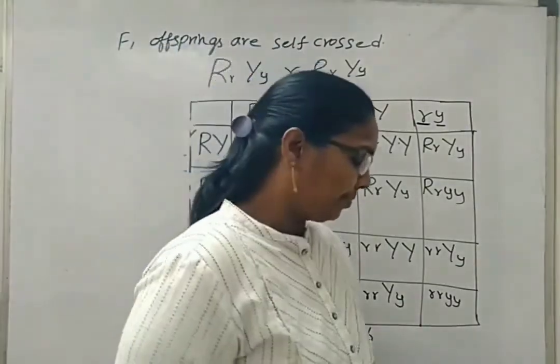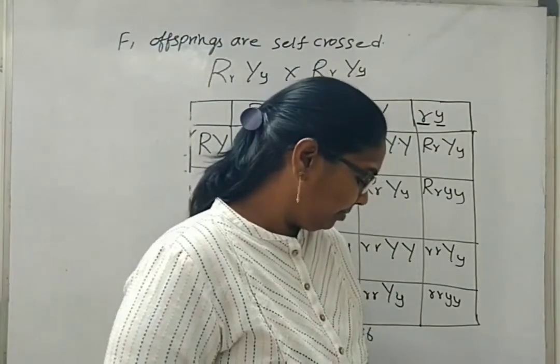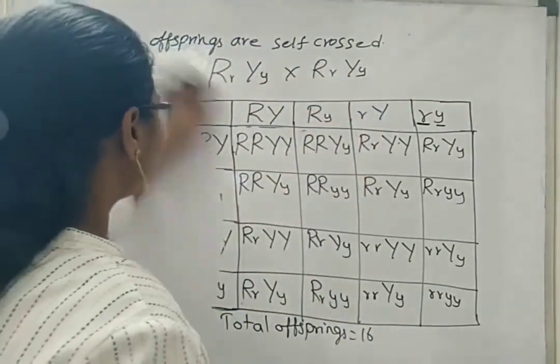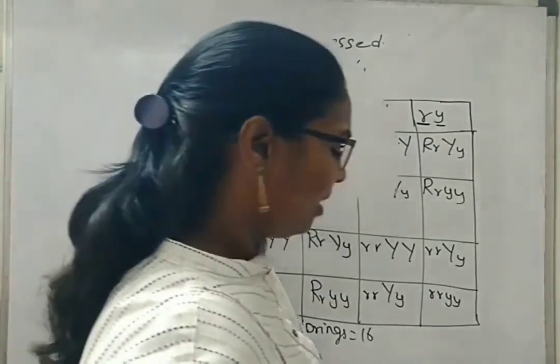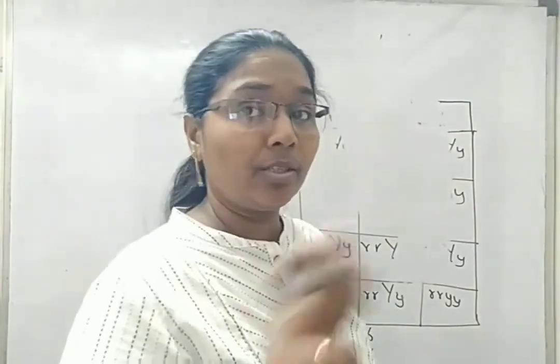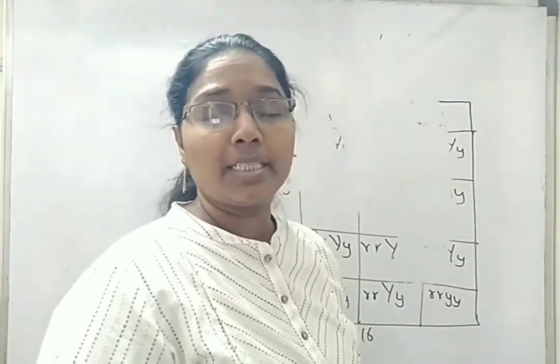Now, we can frame one more concept regarding this dihybrid ratio, that is, new combinations in F2 prove the law of independent assortment, because though the dominant alleles are side by side, they are getting expressed independently.